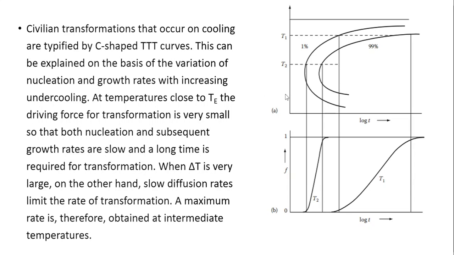But at a significantly lower temperature, diffusion of alloying elements becomes slower, and so the transformation is slower there. A maximum rate is therefore obtained at intermediate temperatures.